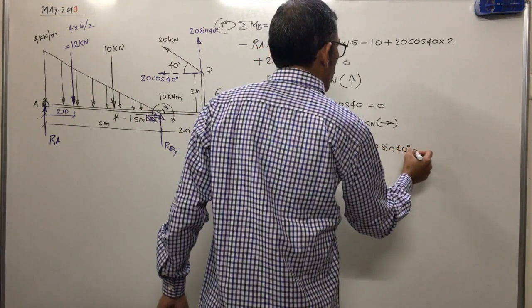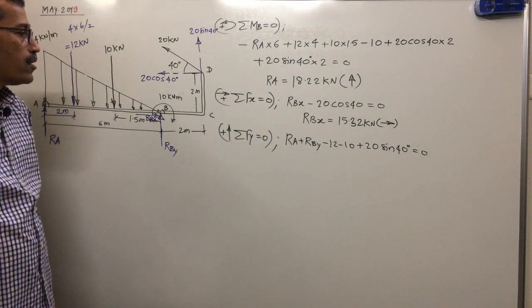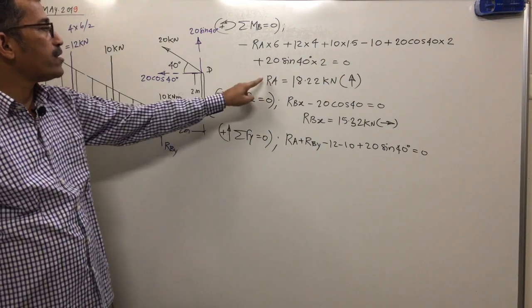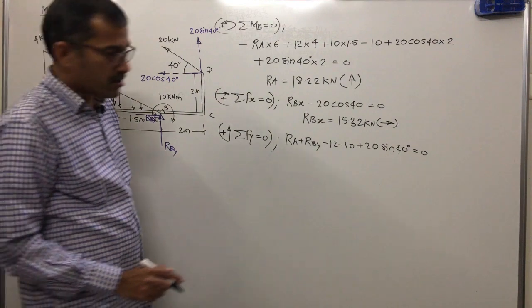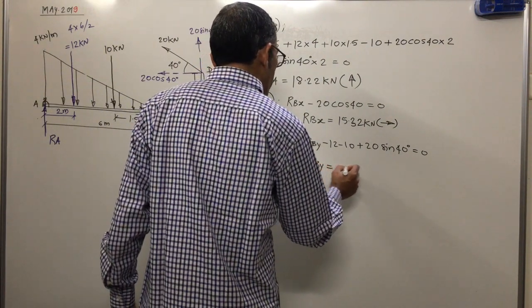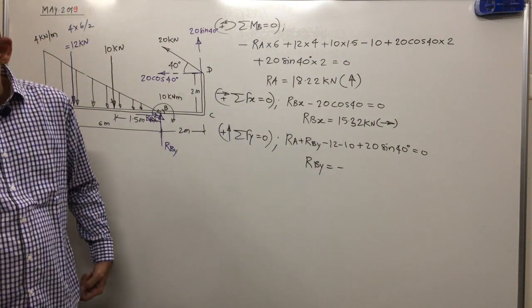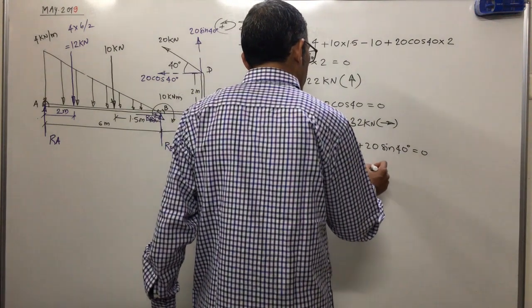Upward means positive, equal to 0. Now RA is known. RA will be substituted here. What will we find out? RBY. But the RBY answer is not positive. It is negative, and comes out to be minus 9.08 kilonewton.